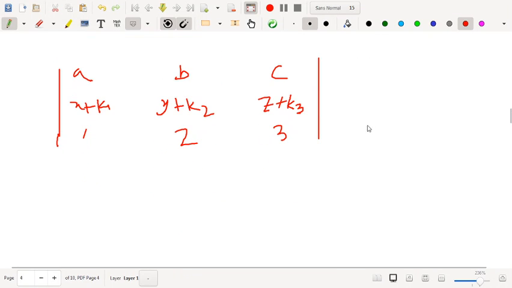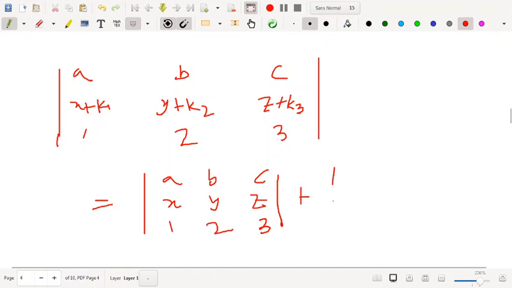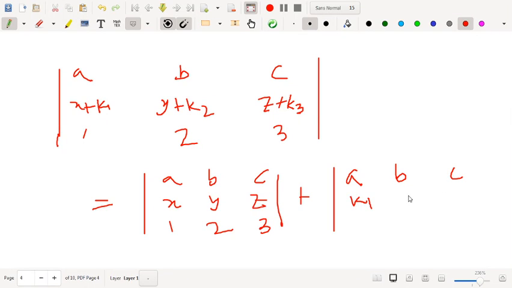So what is the new determinant? It will be A, B, C, X, Y, Z, 1, 2, 3, plus A, B, C, k1, k2, k3, 1, 2, 3. This is another thing, because you are splitting that addition part.